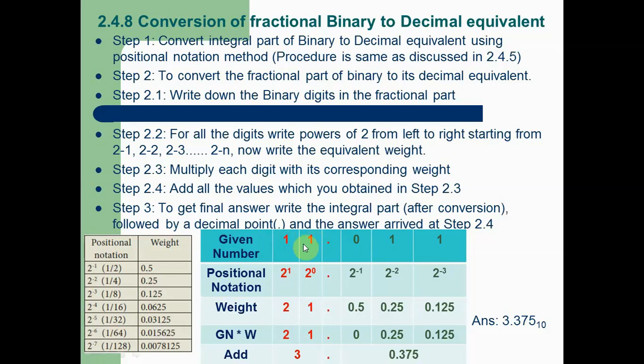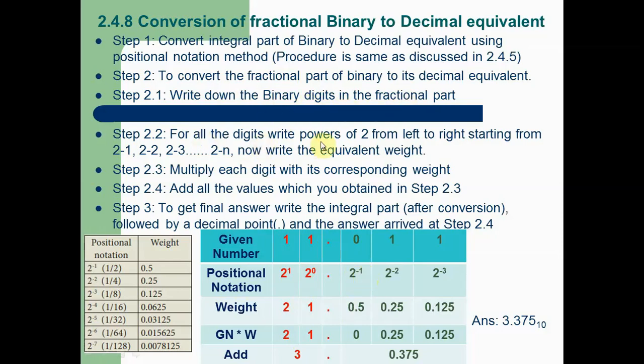You want to convert this integer part of the binary number into a decimal number using the 2 power method, which we already discussed in the previous topic. Now when we go for the fraction part, write down the binary digits in the fraction part.